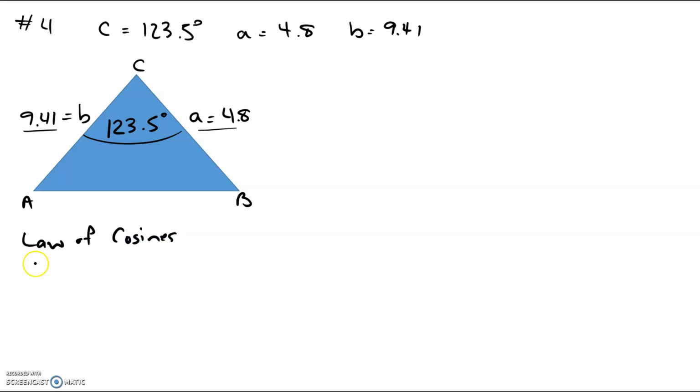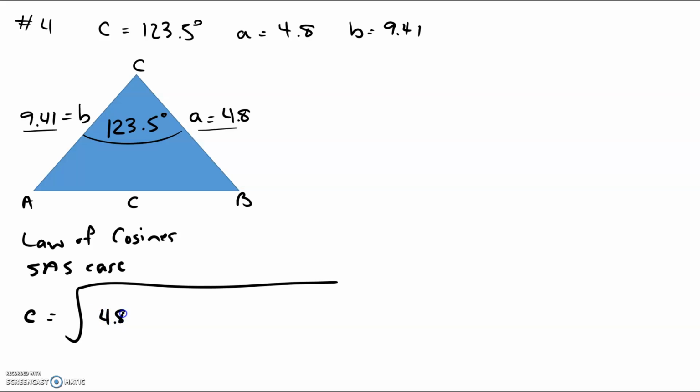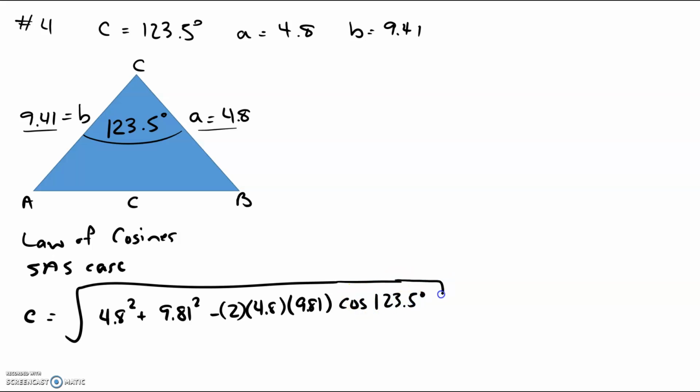When you have a side, angle, side case, the very first thing to do is to find the missing side, which here is side C. So C is equal to the square root of A squared plus B squared minus 2 times A times B, and then cosine of C, which is 123.5.